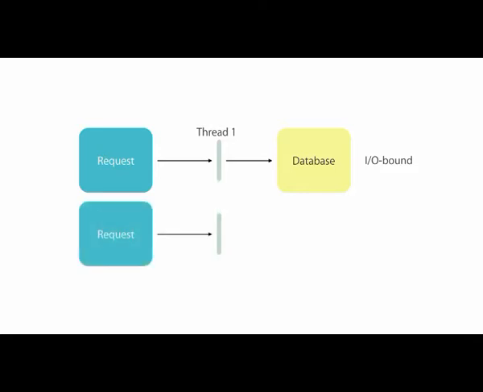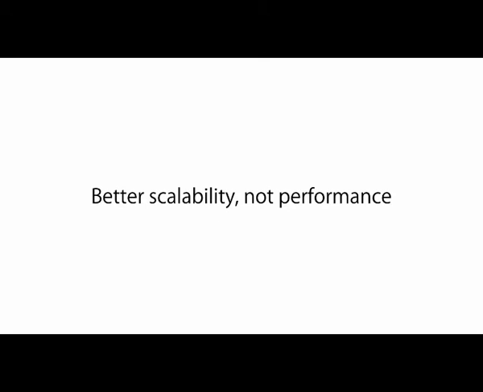It will be released so it can serve other requests. So this does not improve the performance of our application because it does not reduce the average response time. We still have to wait for the database to return the result. But during that wait period, our threads can be better utilized to serve more concurrent users. And this means better scalability, not performance.